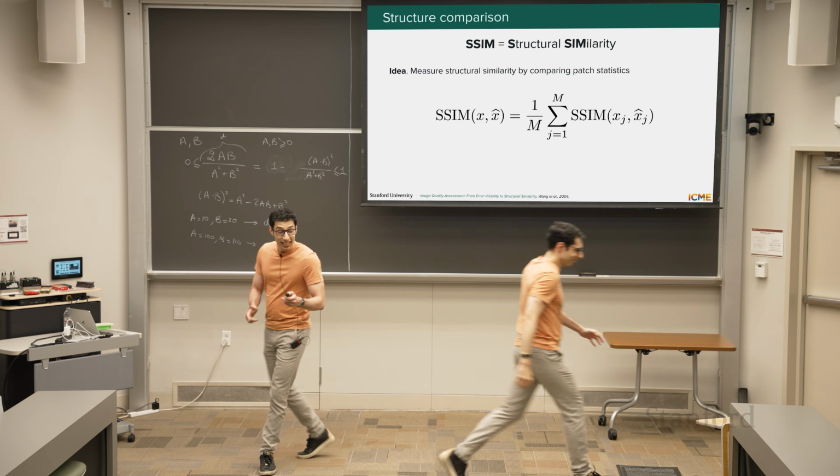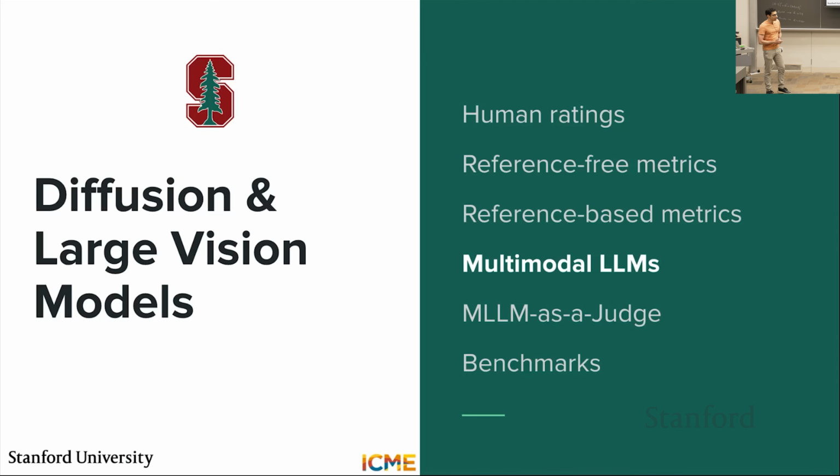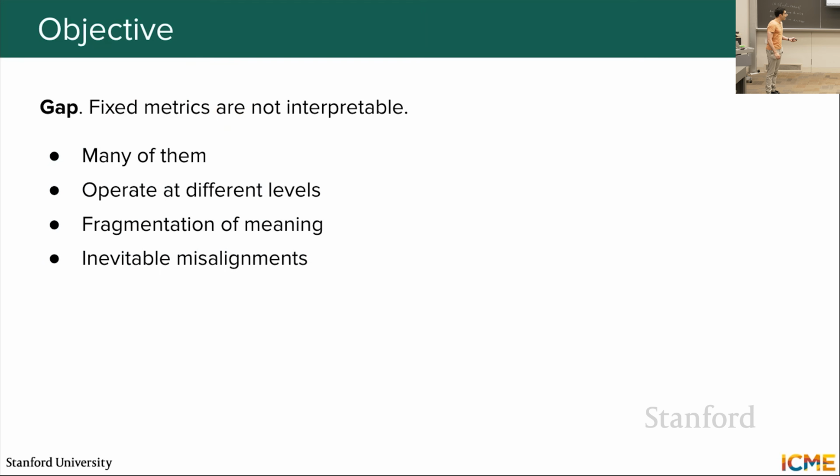Thank you, Afshine. So exactly as we saw, all of these metrics are very mathematical, and what we want is a way to interpret them from an intuition standpoint. We saw that all these metrics operate at different levels, and there are many of them.